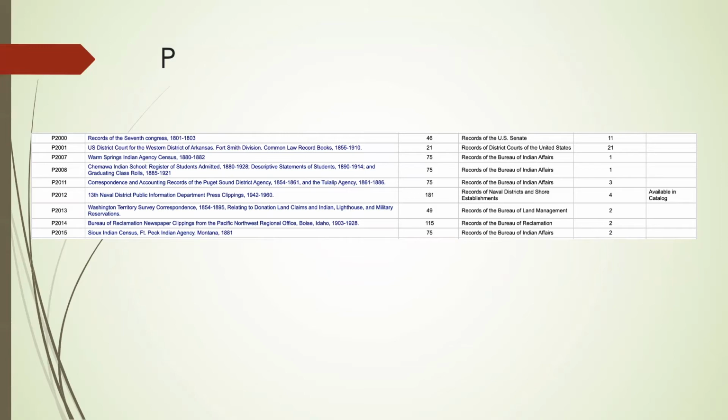Those were all Ps. There are many more Ps that are in the catalog. And basically you're going to find those through the various finding aids where it tells you that something is in microfilm. These are the published ones. Most preservation copies are not, quote, published.